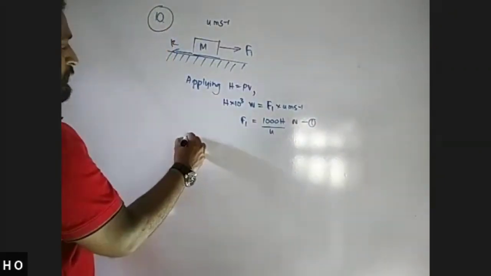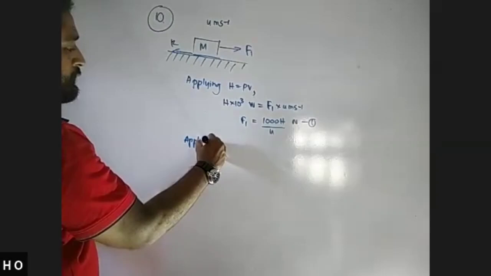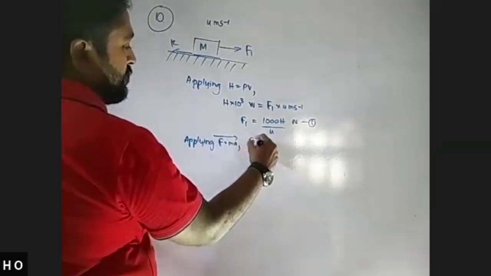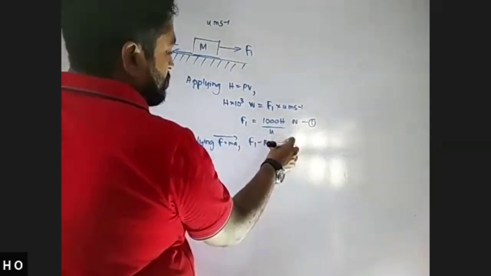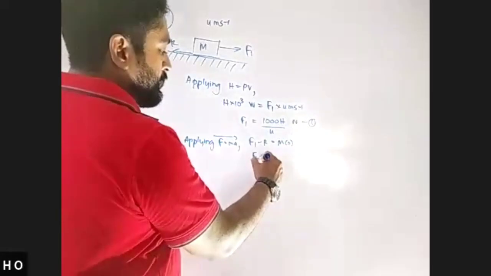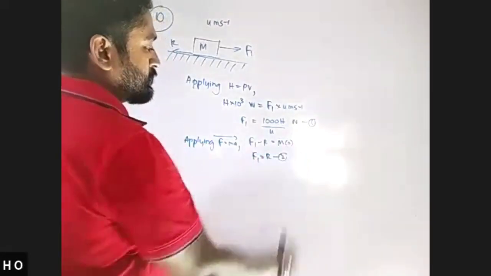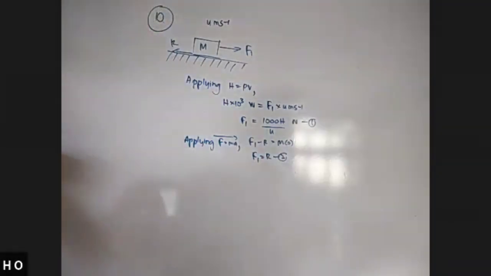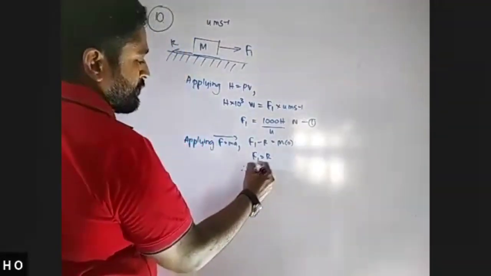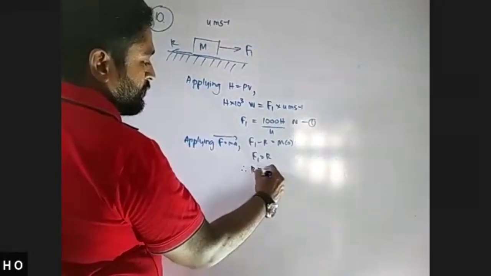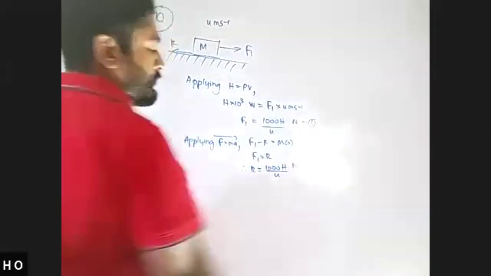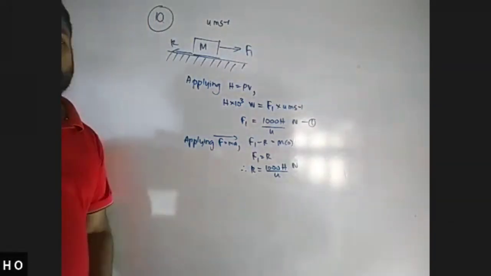Then by applying F equals ma towards the right, F1 minus R equals m into zero acceleration, since it is the maximum speed. Therefore F1 is R, so R is 1000 h over u newtons.